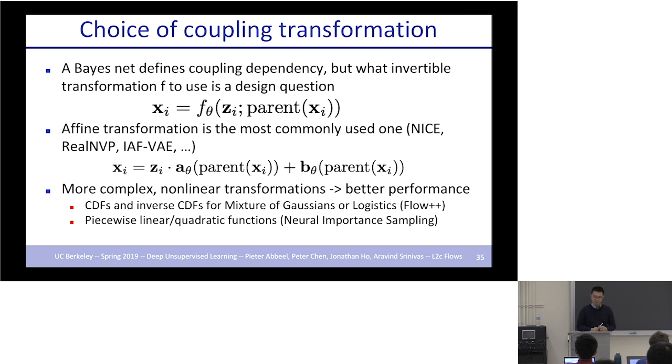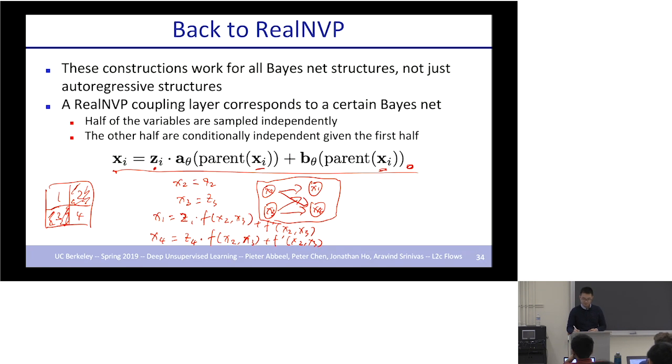We have talked about a couple of different kinds of dependencies: an autoregressive Bayes net and a RealNVP Bayes net. Those specify this graph, telling you how different variables depend on each other.